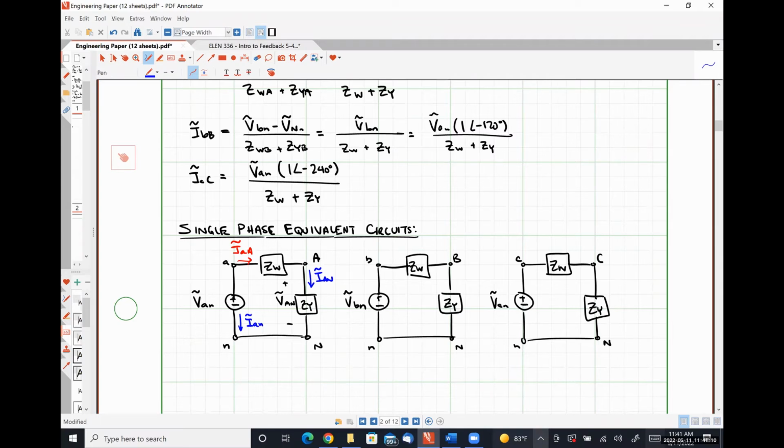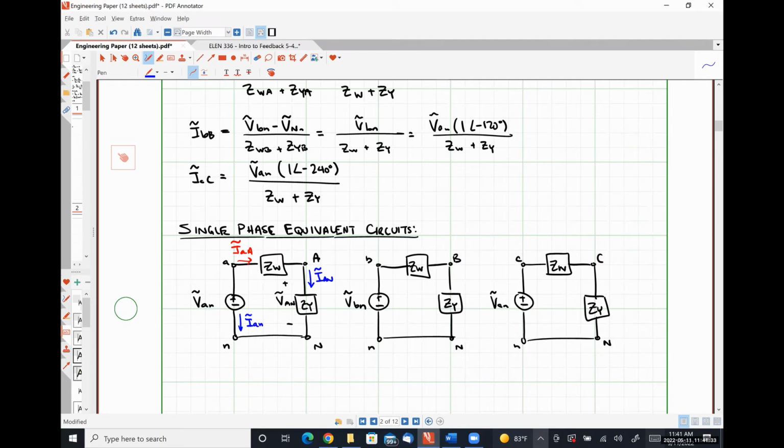No problem. All right, so we can get a whole heck of a lot of information from these single phase equivalent circuits, all right? But unfortunately, we are not always guaranteed that we are going to have a YY system.